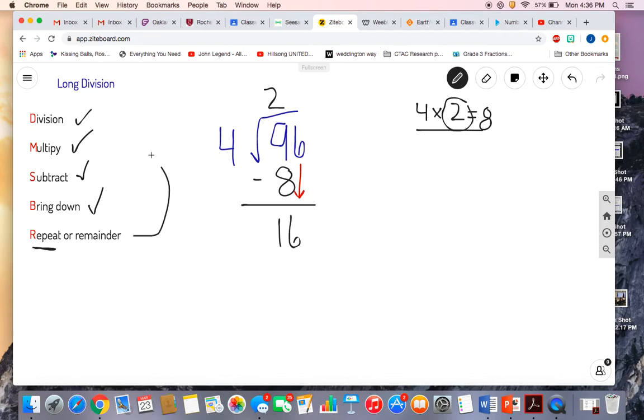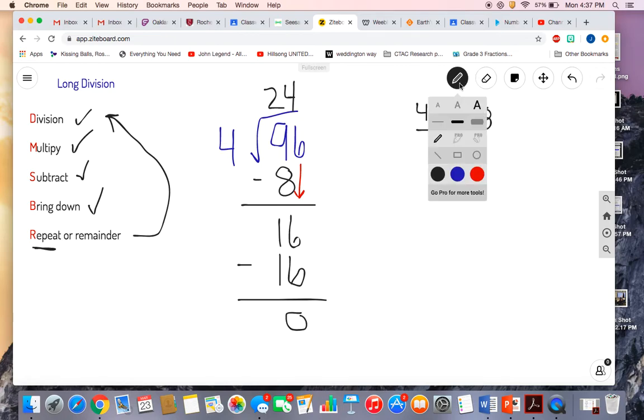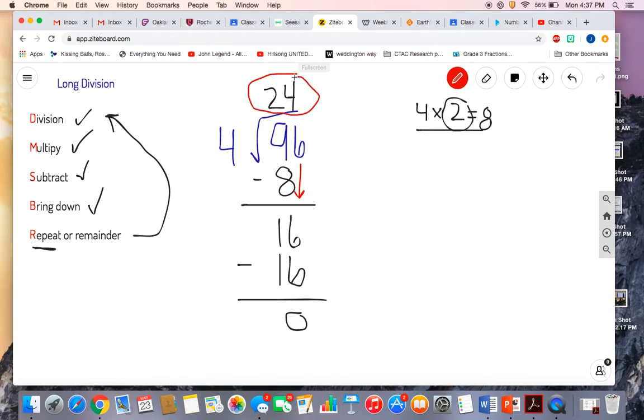So now I'm back at the top with division. 4 goes into 16 4 times, and I know that 4 times 4 is going to give me 16. And when I subtract, I get 0. 4 we know cannot go into 0, so my answer is 24.